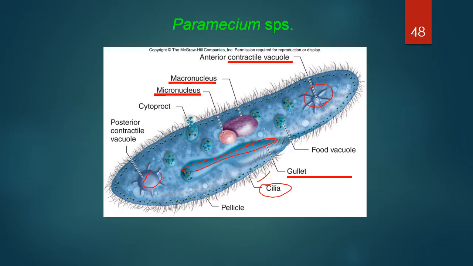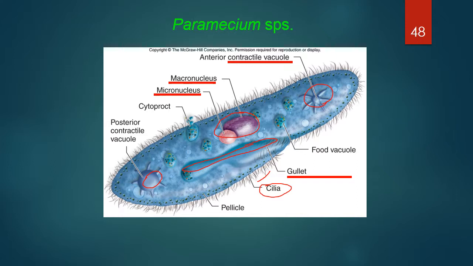Those are always recognizable because they look very star-shaped, and again, those are for water regulation in the cell. And then what's unique to our Paramecium is they have a macronucleus and a micronucleus. The macronucleus is the center of all metabolic activity. The micronucleus is the storage site for the germline genetic material.